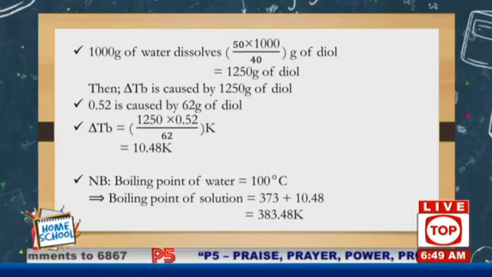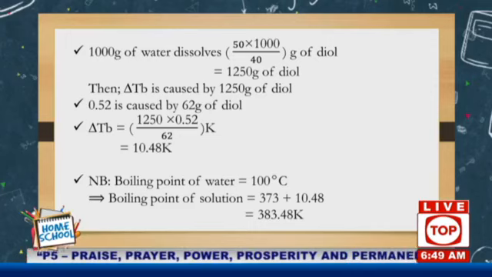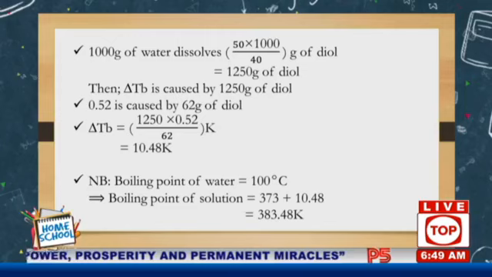Then the boiling point elevation will be 1,250 times that over 62. Then you get the boiling point elevation.